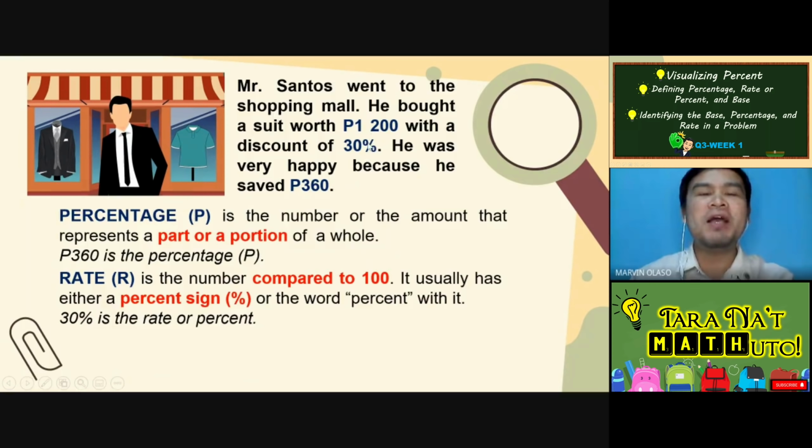Kung alin sa mga given ang may percent sign or the word percent, yun ang tinatawag na rate or percent. So in our situation, of course, the rate is 30%.